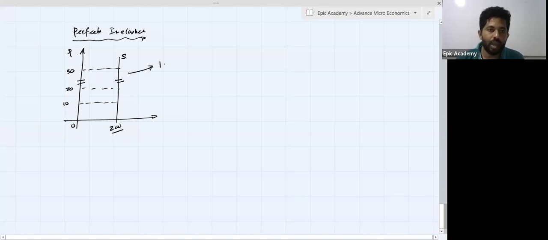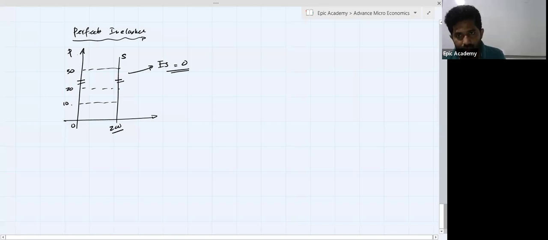And the coefficient value for perfect inelastic supply is always 0. 0 represents that there is no response. Okay. Right. This is the thing you have to identify here.